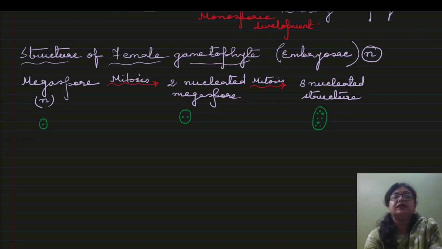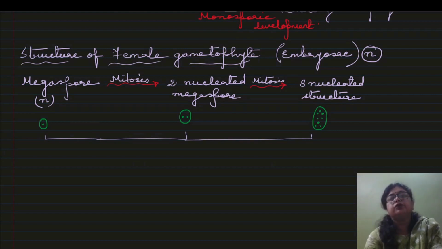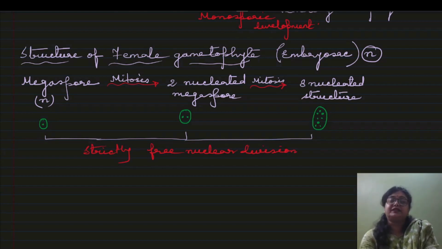In the whole process only the nucleus is dividing, so it is strictly free nuclear division. It's very important. What does it mean? No wall forms up to the 8 nucleated stage.